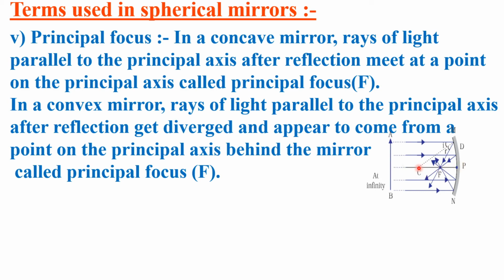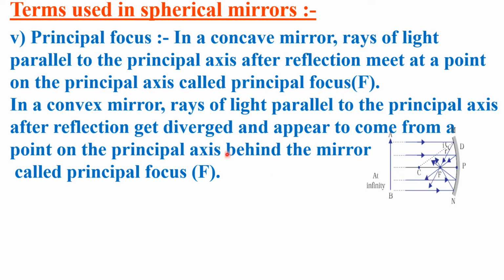This line joining C and P, this is the principal axis. So all the rays of light parallel to principal axis after reflection are meeting at a point and this is called as focus. It is denoted by capital F.